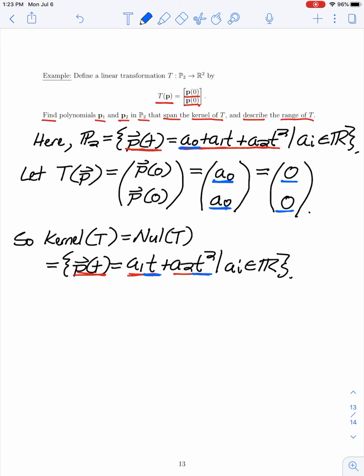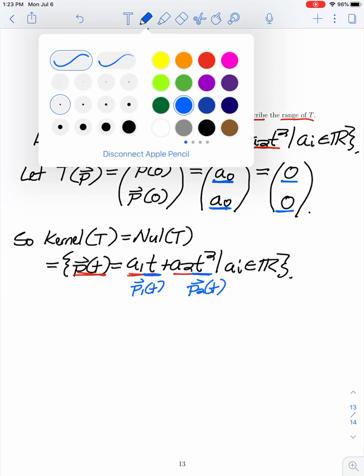We're just taking a sum of scalar multiples of those two polynomials. So these two specific polynomials, t and t squared, would form a spanning set of vectors for this kernel.